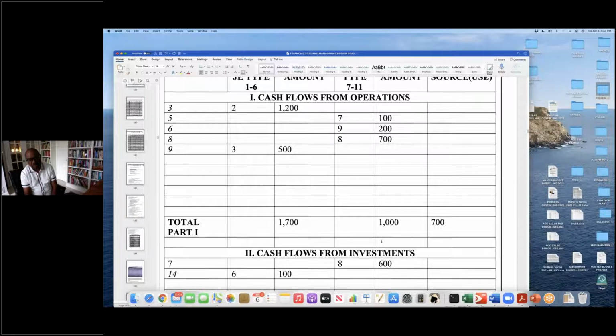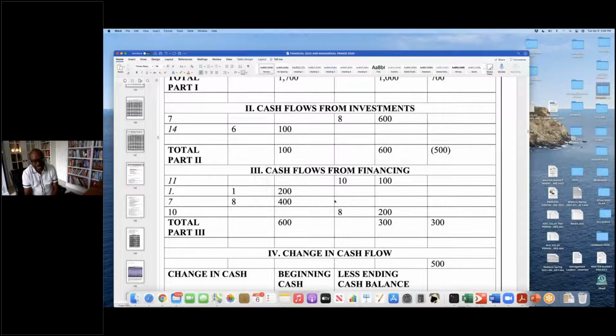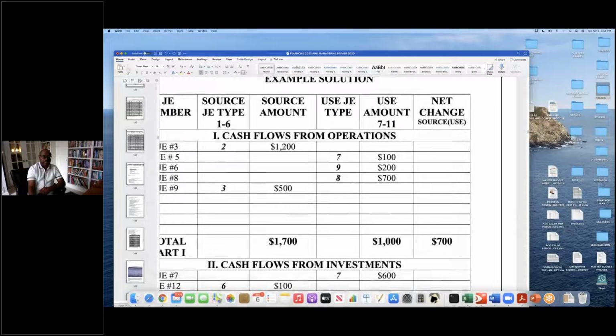So these are the investments in long-term assets. And then financing is where the money comes from. Did you put money in the company? Did you borrow? And of course, the payment for putting money in the company. Okay.